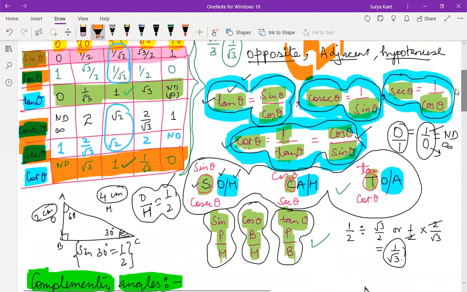So this is the third concept. Sine is the ratio of opposite by hypotenuse. Cos is the ratio of adjacent by hypotenuse. Tan is the ratio of opposite by adjacent. These three concepts, who is not able to understand? Please let me know.